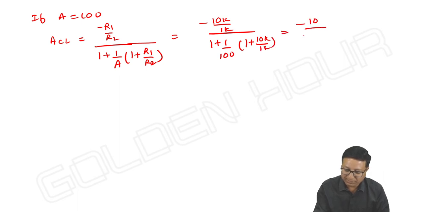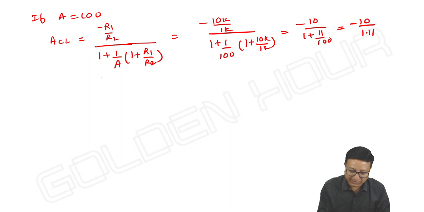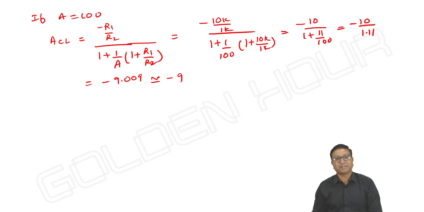That is minus 10 by 1 plus 11 by 100, minus 10 by 1.11. How much do we get? Its value is minus 9.009, or approximately minus 9. For closed loop gain you have to use the exact formula only. You cannot use the approximate formula.